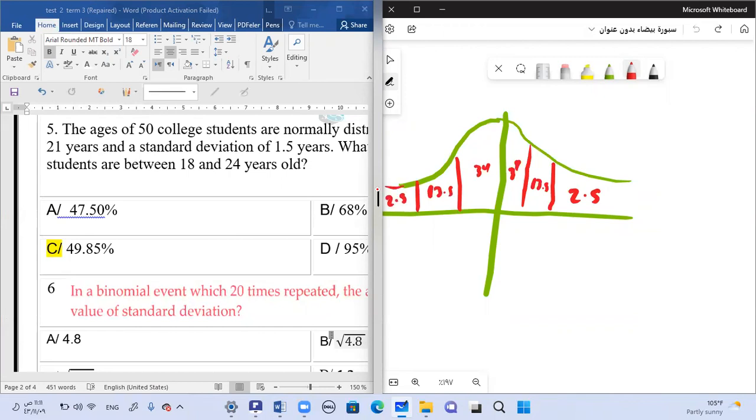Or you can split the small area into 2 and 0.5. 2 and 0.5. Another area, 0.5. 2 and 0.5.